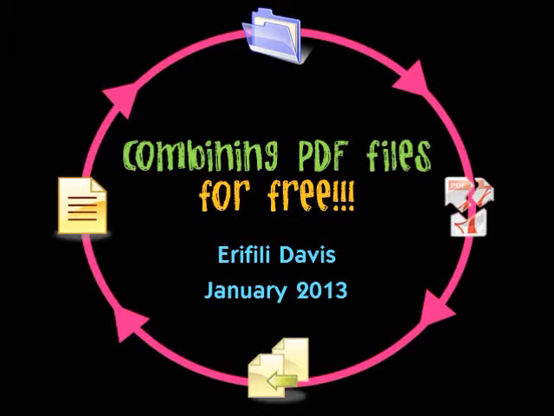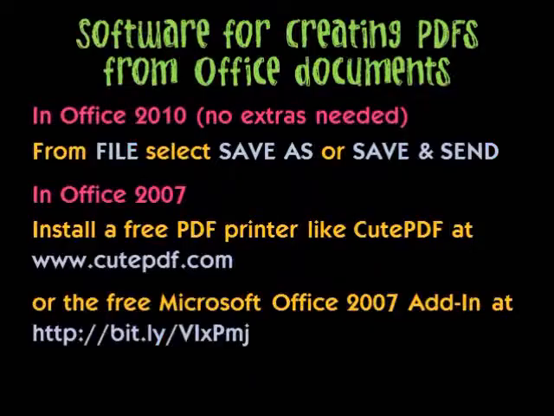This particular approach is for a Windows environment. So you need, first of all, software for creating PDFs from Microsoft Office documents, I'm assuming. I'm not actually going to go through how to create the PDFs, but just to give you some ideas, if you're using Microsoft Office 2010, you don't need to install anything extra to save your files as a PDF.